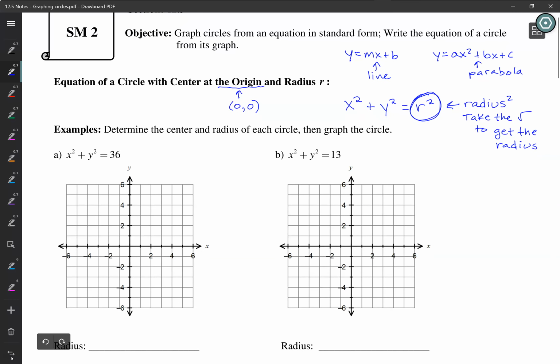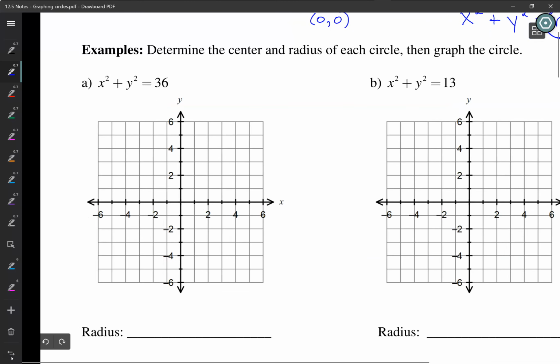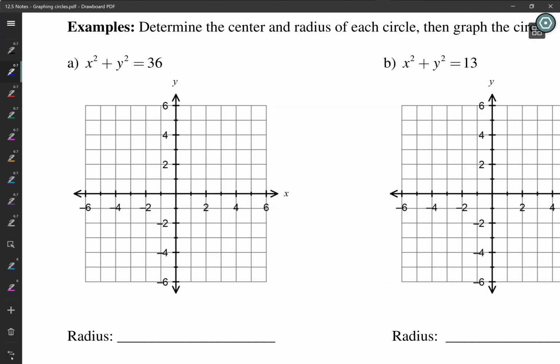So for example, if you have x squared plus y squared equals 36, that's telling you that the radius squared equals 36. So you take the square root and you get that the radius is 6.